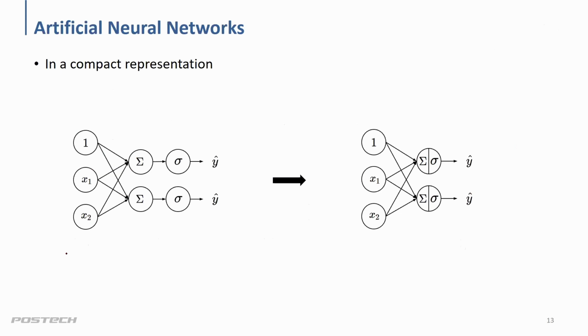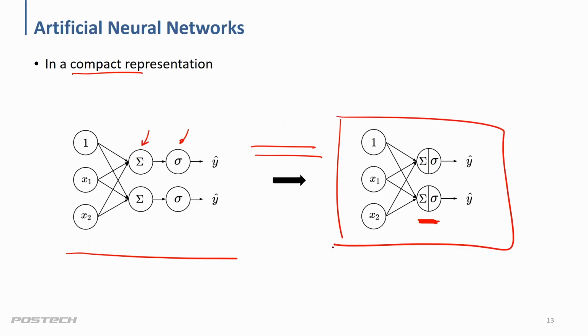Now from here we do linear combinations with the nonlinear, in this case sigmoid, functions. In a compact representation, I can combine them together. I mean, these are the same. And by just looking at here, you have to visualize x of 1 and x of 2.